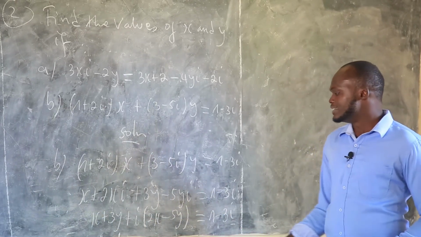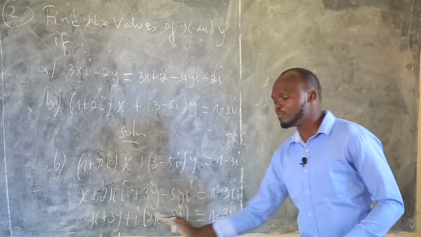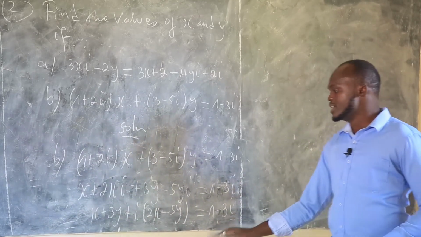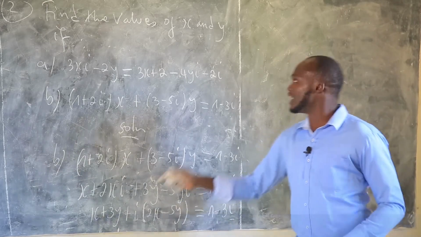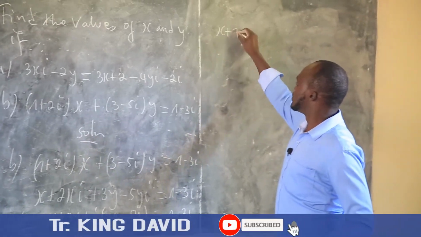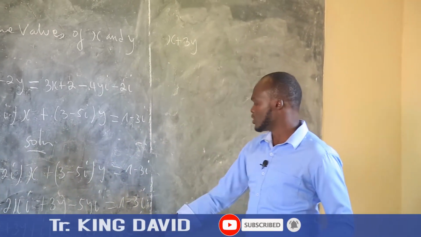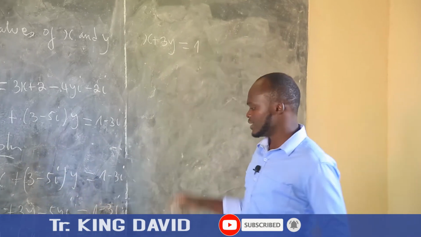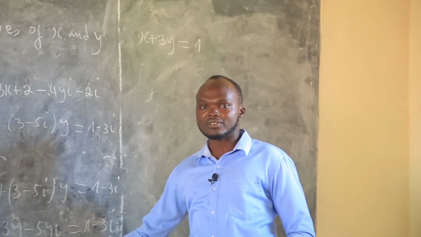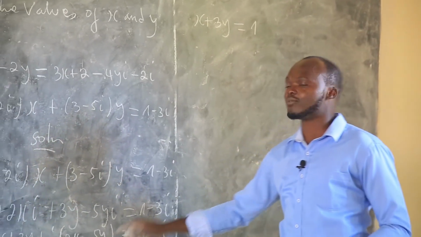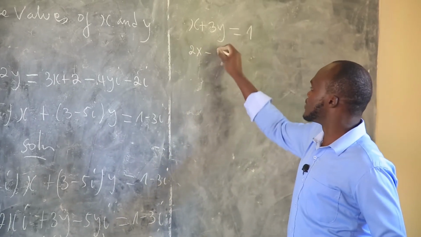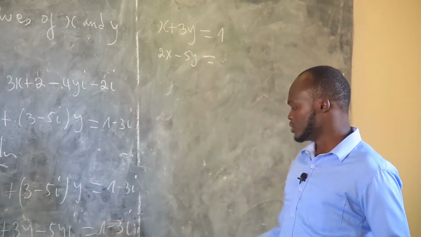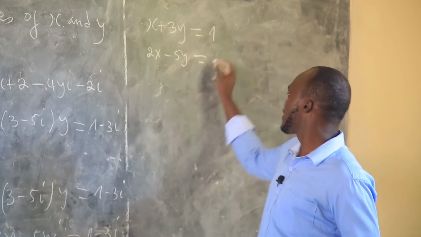Now, the real part of the left-hand side will be equal to the real part of the right-hand side. So x plus 3y equals 1. Then the imaginary part of the left-hand side is 2x minus 5y, and 2x minus 5y equals negative 3.